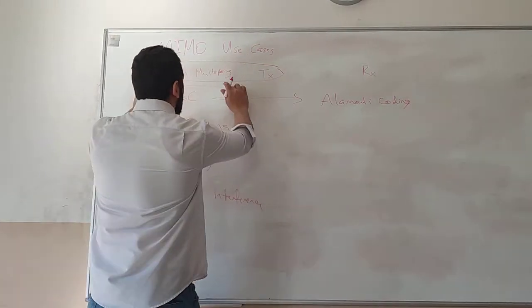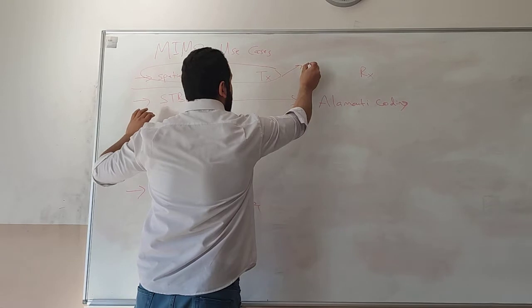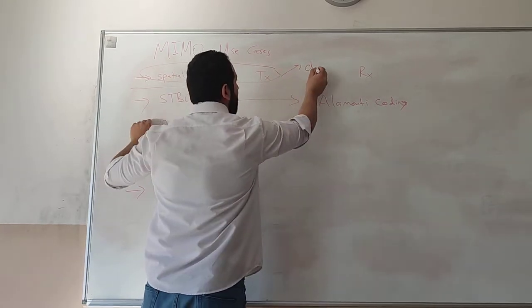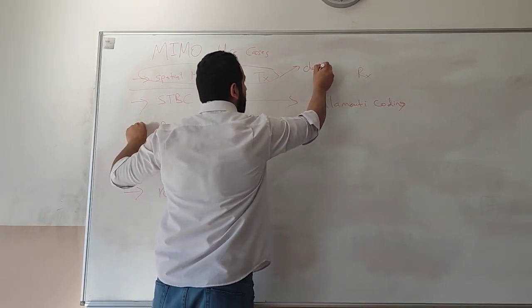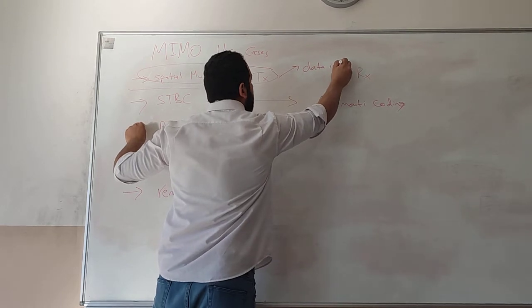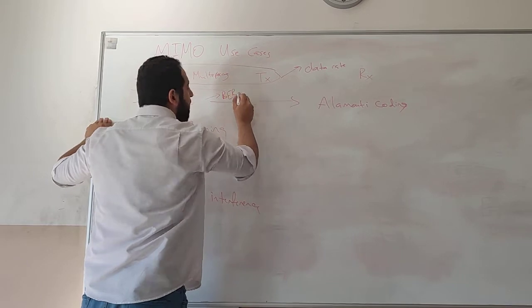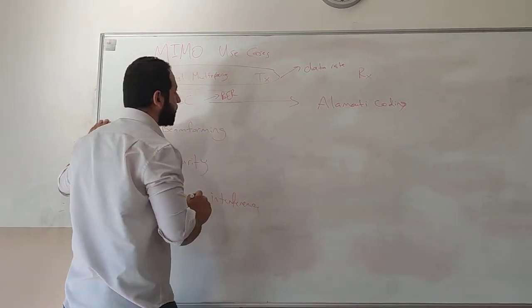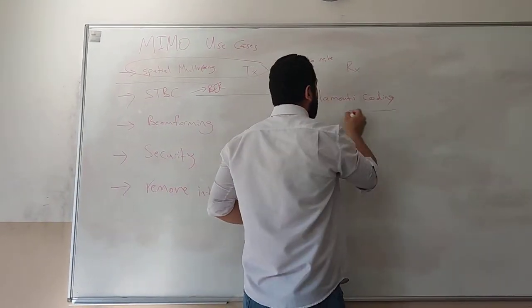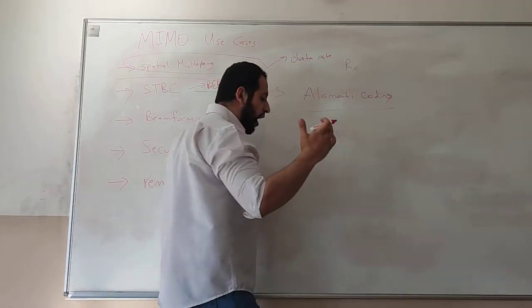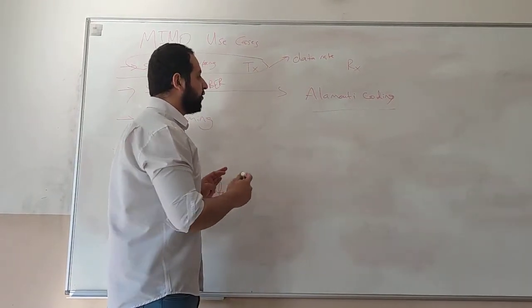So instead of improving the data rate using spatial multiplexing, here we want to improve what? The bit error rate, the reliability performance. And this is done using a matrix structure at the transmitter.